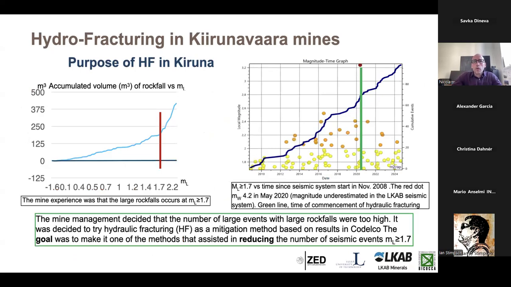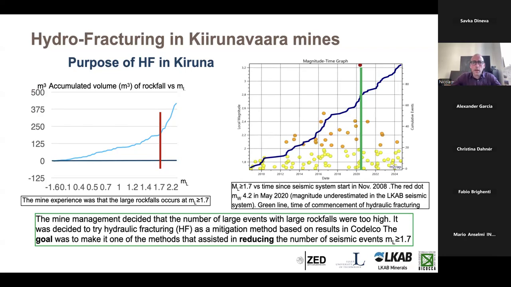So what was the purpose of hydrofracturing in Kiruna? The mine managers decided that the number of large events occurring in the mine was too high, and so they decided to try hydrofracturing operations as a mitigation method for reducing the number of these big events of magnitude 1.7, based on some results that had been collected by Codelco in El Teniente mine in Chile.